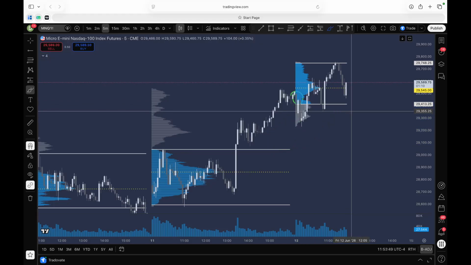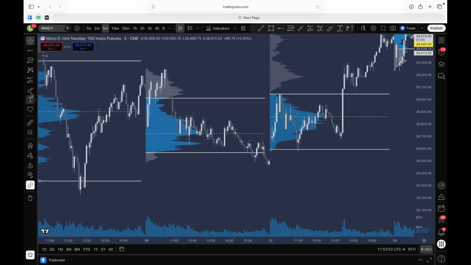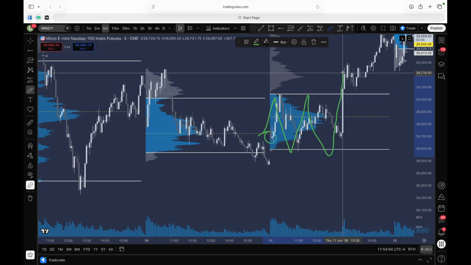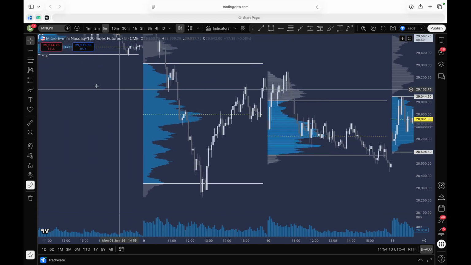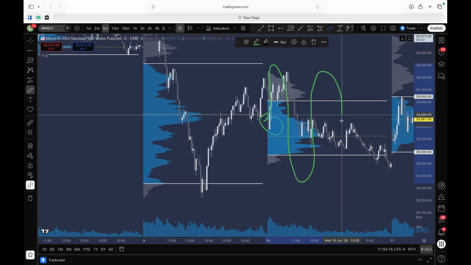Like if price opens within yesterday's value, it's likely to stay in yesterday's value, which it did. It eventually broke out, but it stayed within that range. Okay, same idea here. Price opened within yesterday's value and it stayed within yesterday's value.